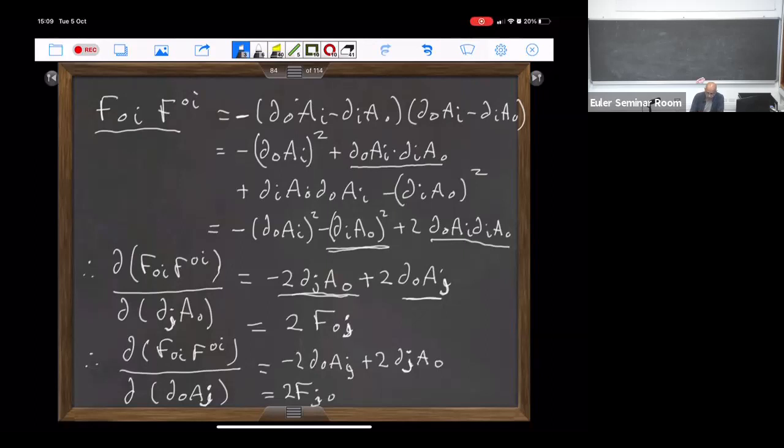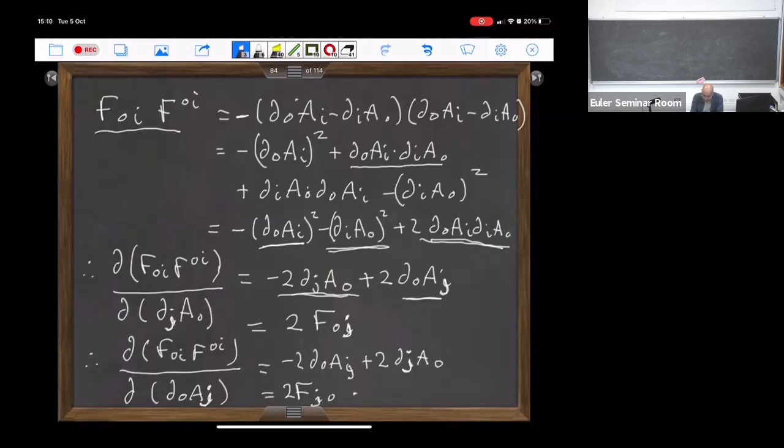If I differentiate with respect to D0 Aj, I'll get a minus 2 times D0 Aj from that term, and a plus 2 dj A0 from that term there.